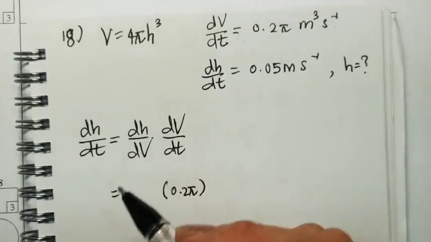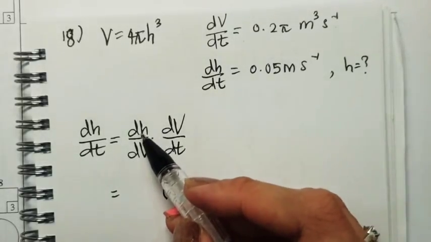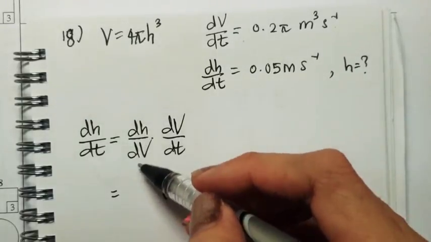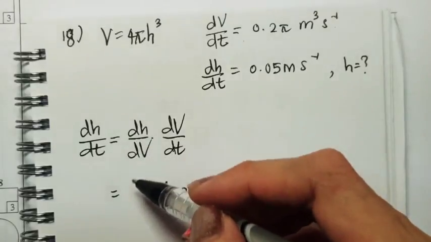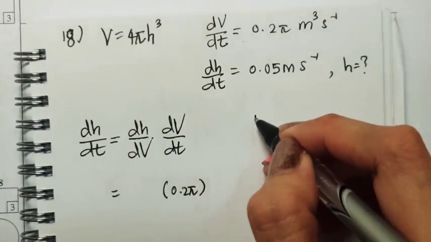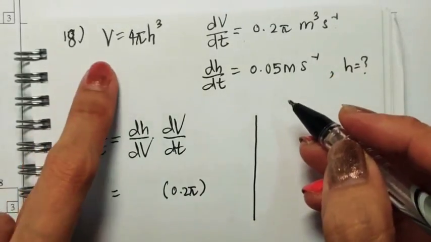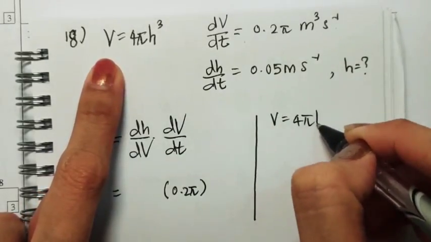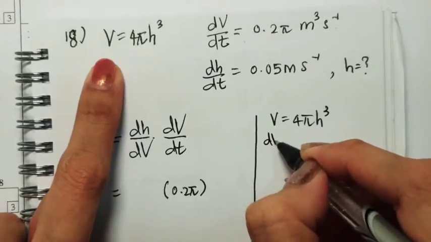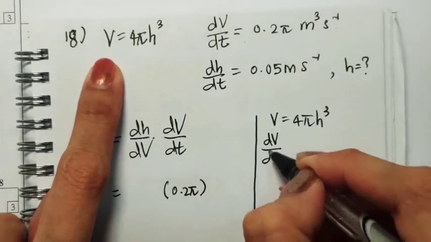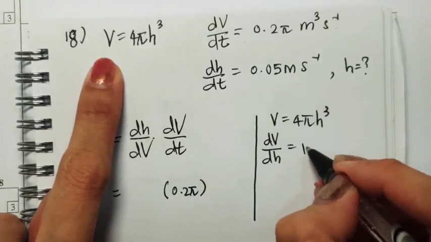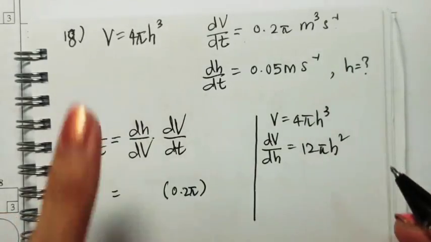Next, do we have dH by dV? Now, V is a bigger quantity, whereas H is the smaller quantity. Therefore, we need to find the differentiation that involves the V and the H. We are given V equals 4 pi H cube, so we can differentiate V with respect to H. Then over here we will have 12 pi H squared.